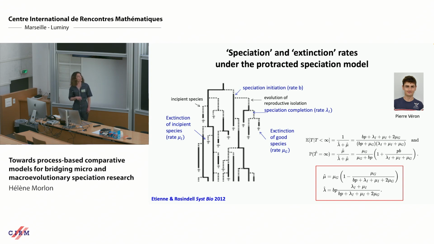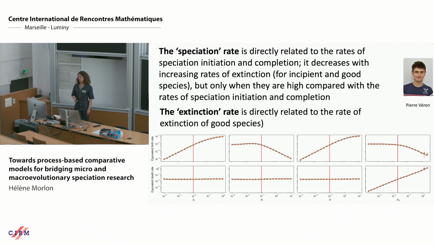So when we do that, we can write this expression here in the two cases of the birth-death process and of a protracted birth-death process, and we find the rates of speciation and extinction as a function of parameters of a protracted speciation model. And so then we can see how these different steps of a speciation process can influence the macroevolutionary speciation and extinction rates.